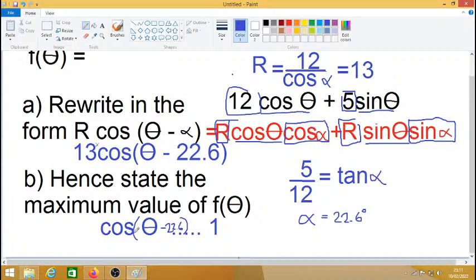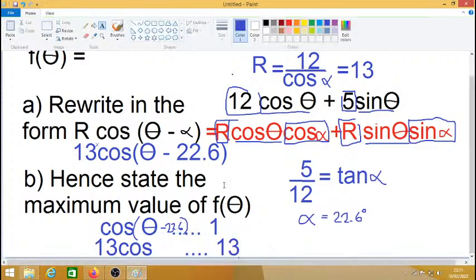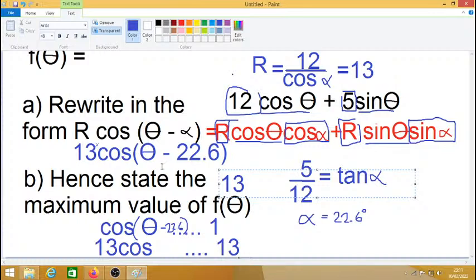So if the maximum value for normal cosine is 1, then when I do 13 times cos of any angle, then the maximum is now 13 times 1, which is just 13. So that's the answer for the maximum value, is just 13.